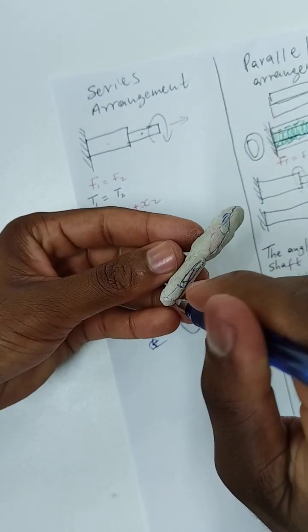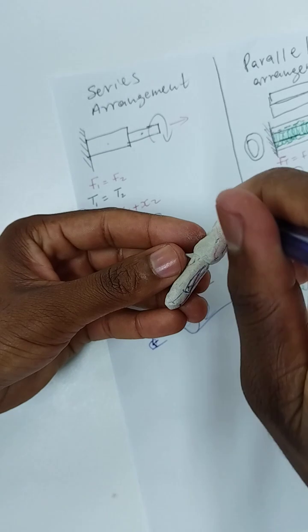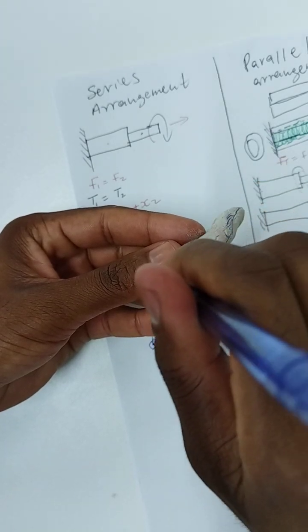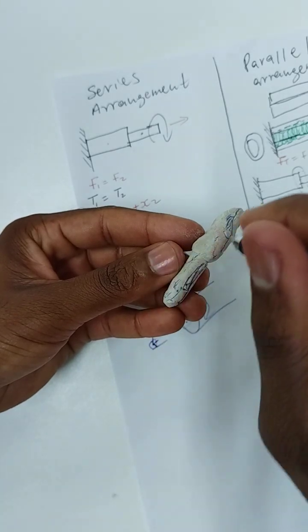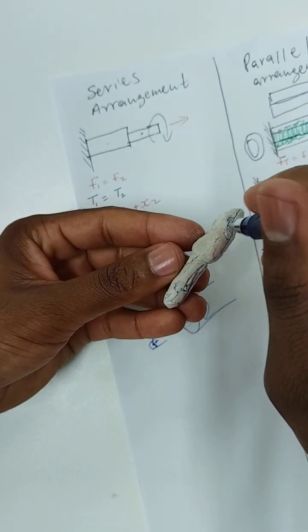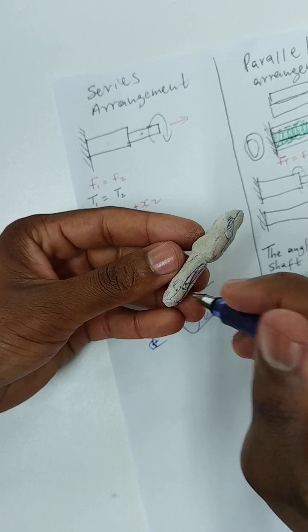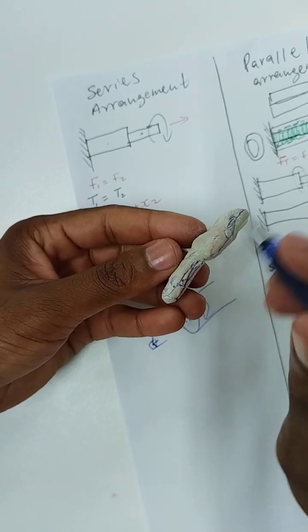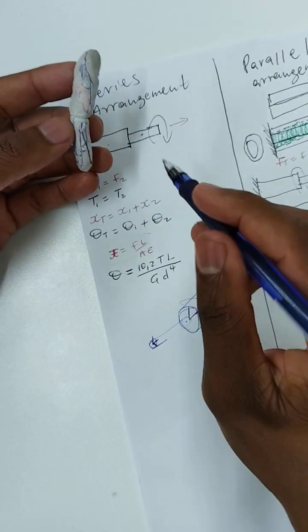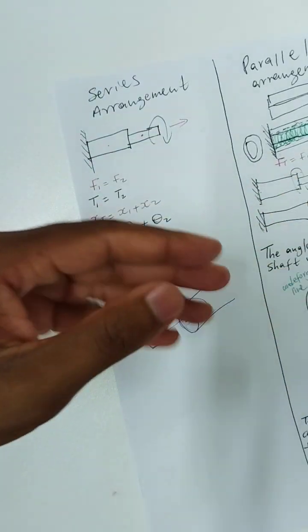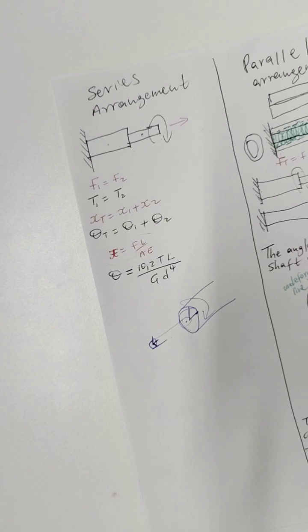Initially it was diagonal, there is this angle here. So this angle will be equal to the angle of twist due to this, and then from here to there will be the angle of twist due to this second portion. Therefore, that's why we said that the total angle of twist will be equal to the angle of twist of shaft 1 plus the angle of twist of shaft number 2.